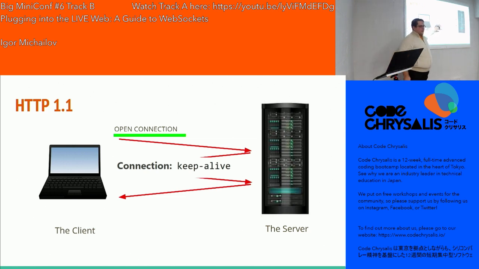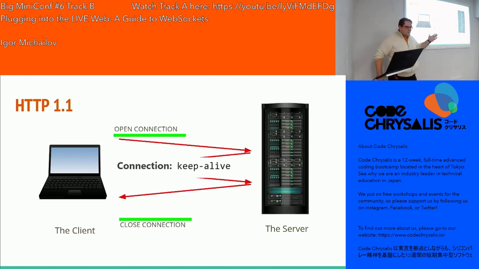Basically there was a setting that says don't close this connection, keep it alive. Only once everything was received would the connection be closed. And this works great. Not every single page, but most web pages are still using this scheme, and there's no problem.